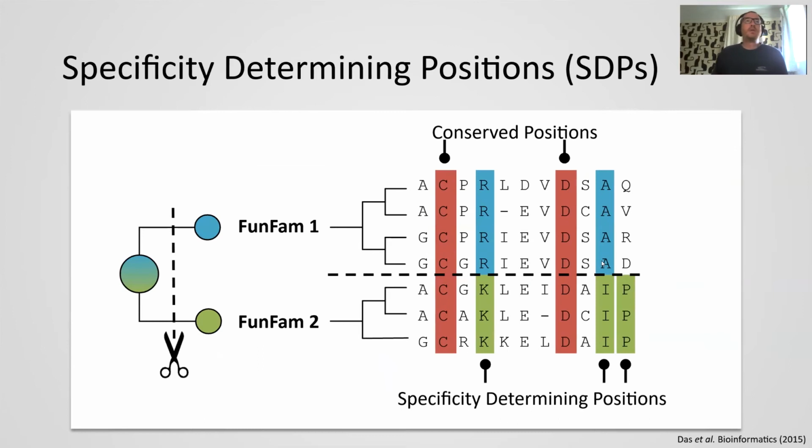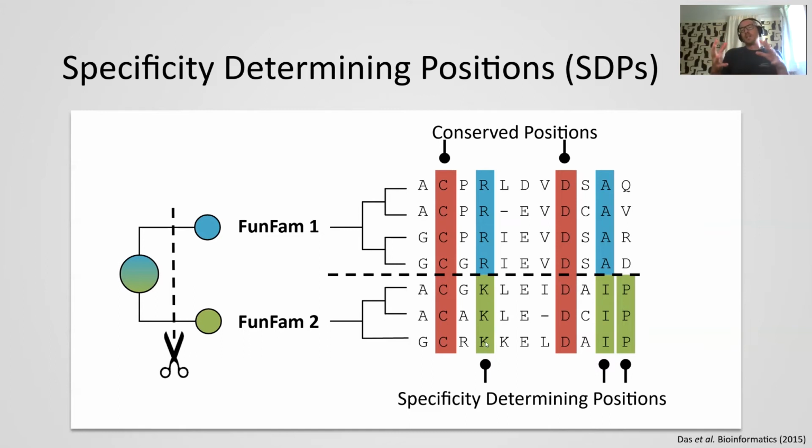How we do that is by the idea of specificity determining positions, or SDPs. When we're trying to decide whether 2 clusters should be kept apart or grouped together, we look for positions that are conserved across all of them in the resulting alignment. This might correlate to a position that's very important for the overall structural fold. But there might also be some positions in the alignment that are very highly conserved as one particular amino acid in one group, and very highly conserved as a different amino acid in the second group.